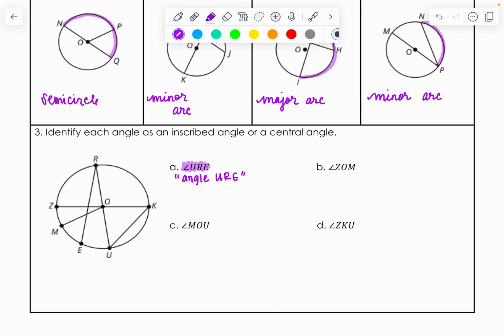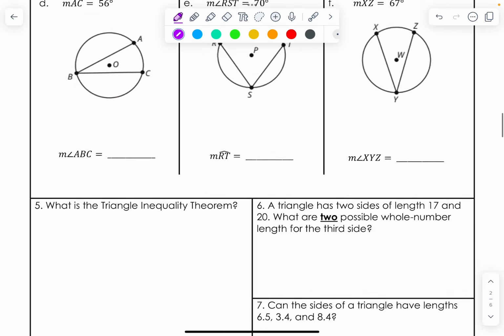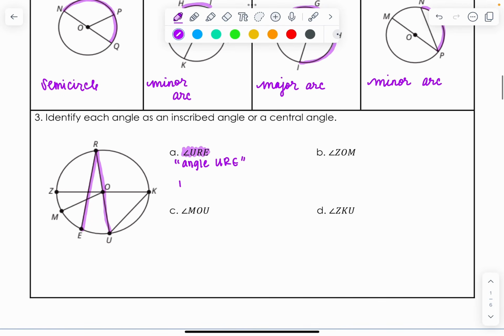So we're going to start at letter U, make your way to point R, and then go to E. Follow the order that is listed. Don't make up something else. Anyhow, that is an inscribed angle.